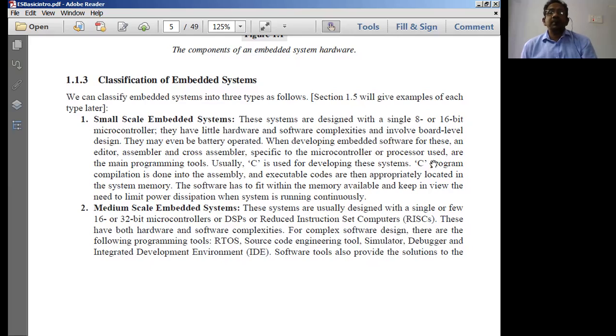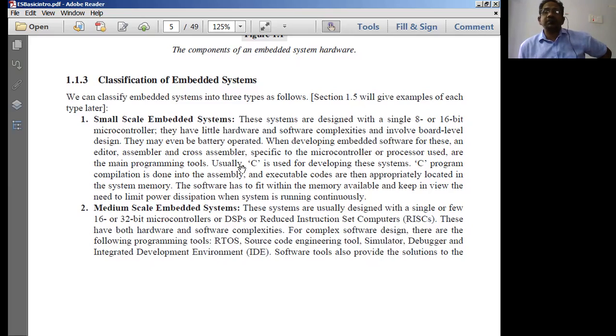Now how do we develop software which will be implemented on the embedded hardware? That will be developed by using an editor, assembler, and even cross assemblers specific to the microcontrollers or processors used. These are the main programming tools.